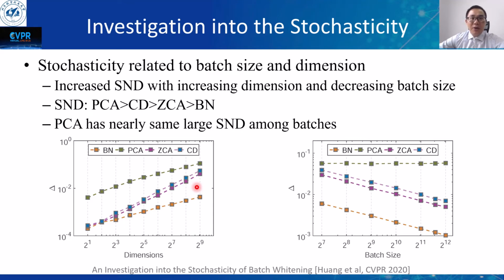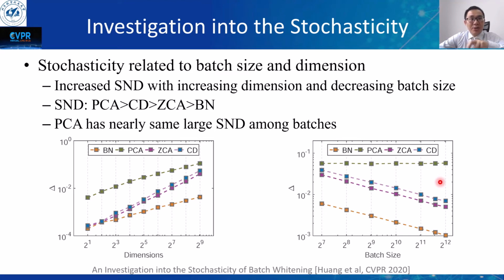The right figure shows the SND of different normalization methods with respect to the batch size when fixing the dimension. An interesting observation is that PCA whitening has nearly the same large SND among different batch sizes.